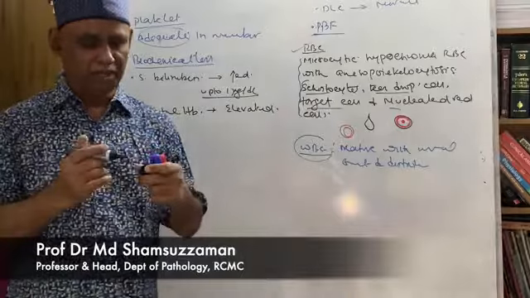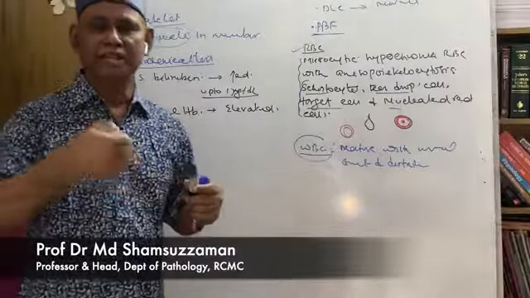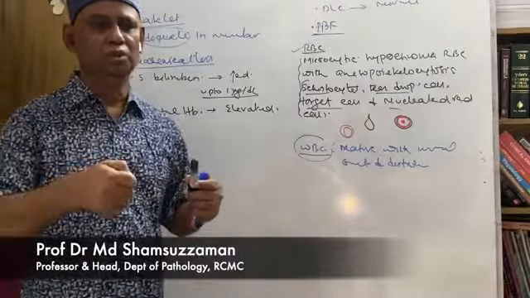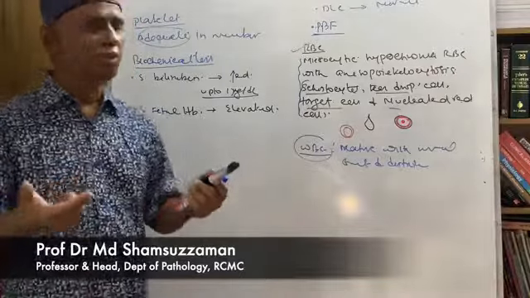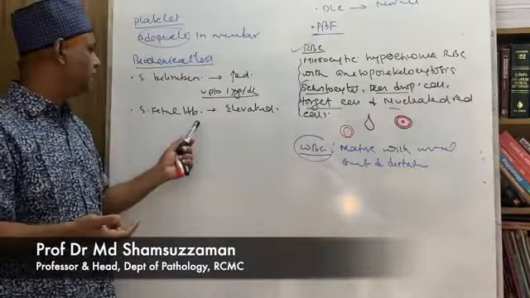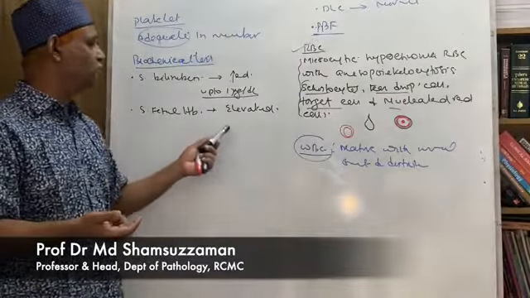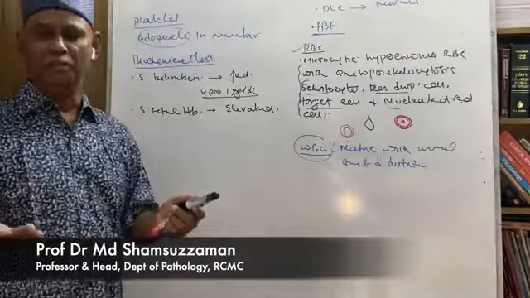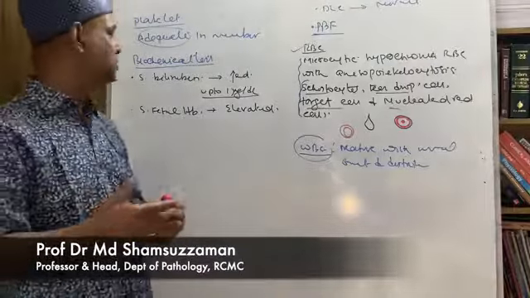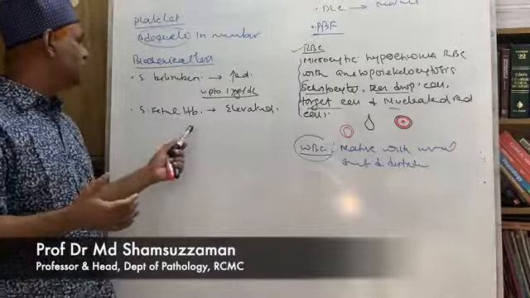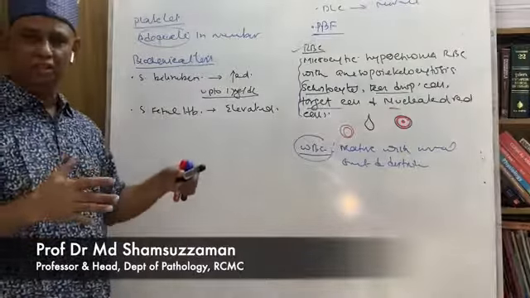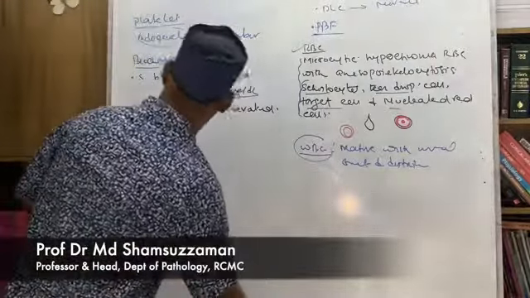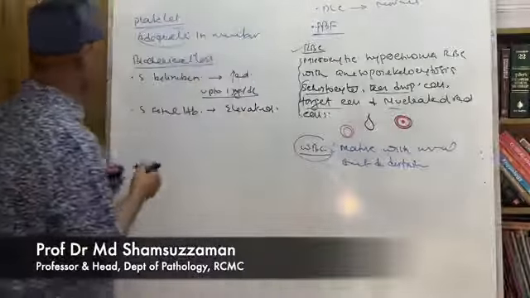The fetal hemoglobin does not release oxygen in the tissue sufficiently. So although there is an increased amount of normal fetal hemoglobin in the body, there will be tissue hypoxia or cellular hypoxia because of the more affinity of fetal hemoglobin for oxygen. So the tissue and cellular level become hypoxic.